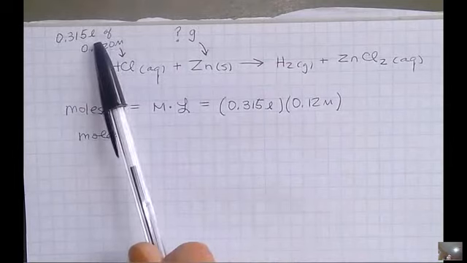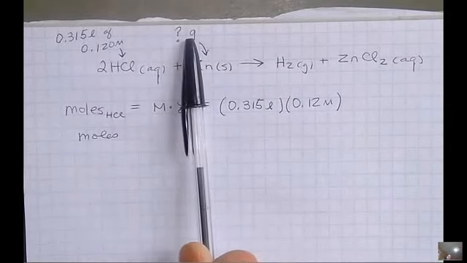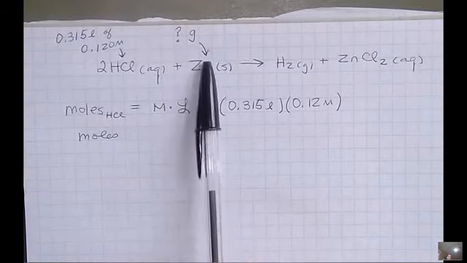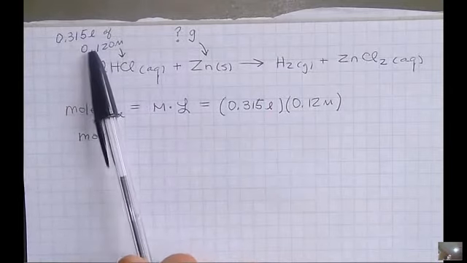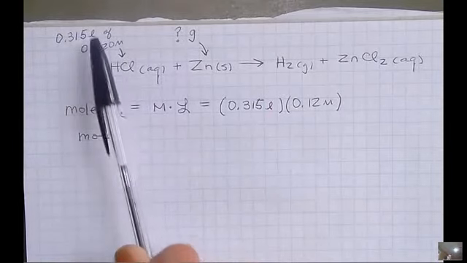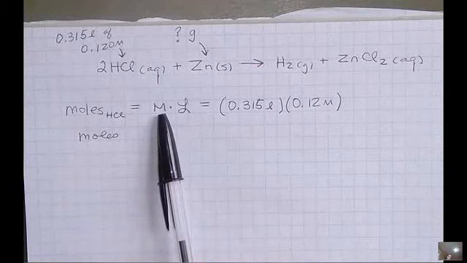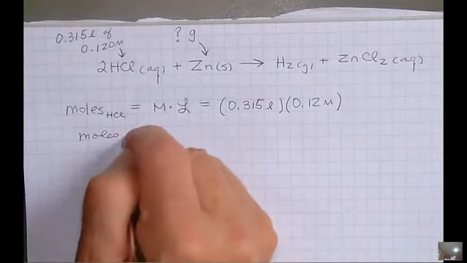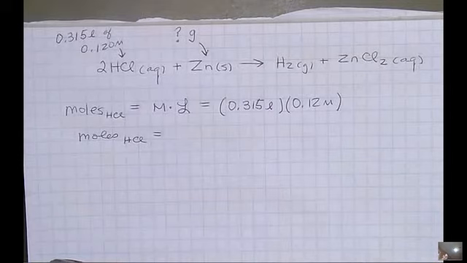We can't do it in molarity by itself, just like we can't do it in grams. If you're given grams, you need to use the periodic table to get to moles. If you're given concentration, you need the volume to get to moles. You need both of these. Moles can only be if you know how concentrated it is times how many liters. So the moles of HCl are going to be 0.315 times 0.12.